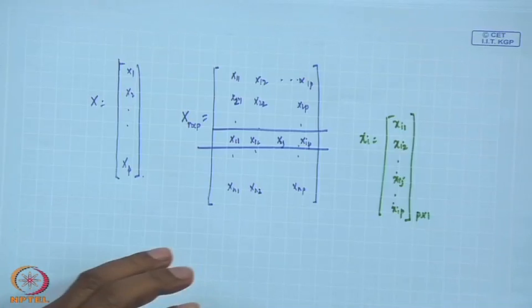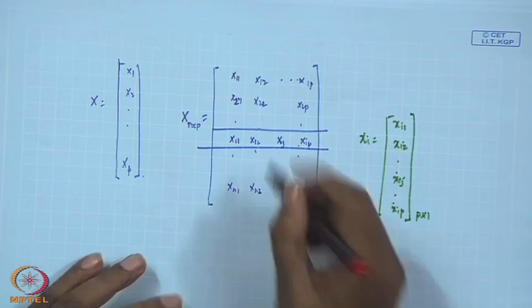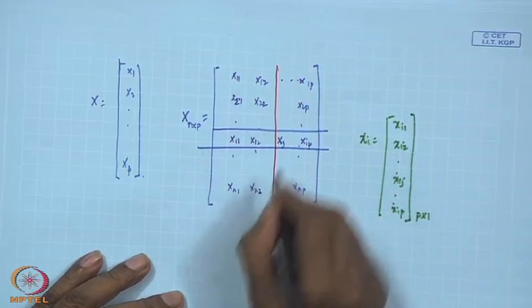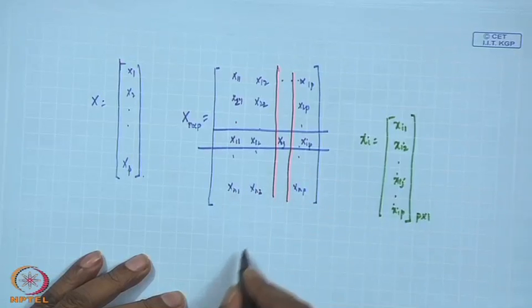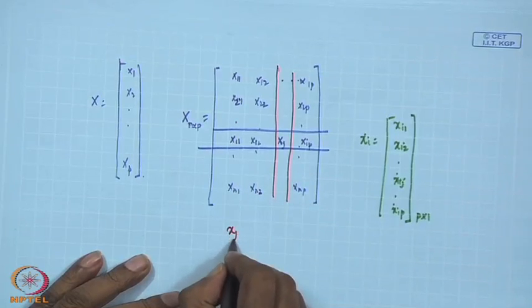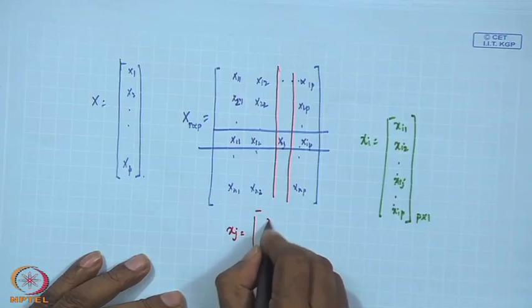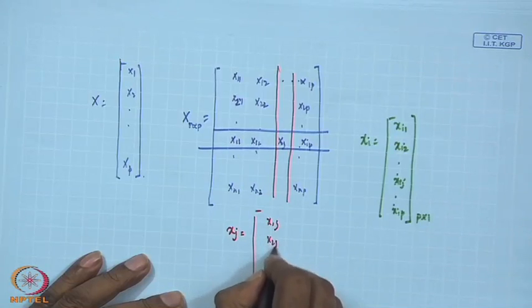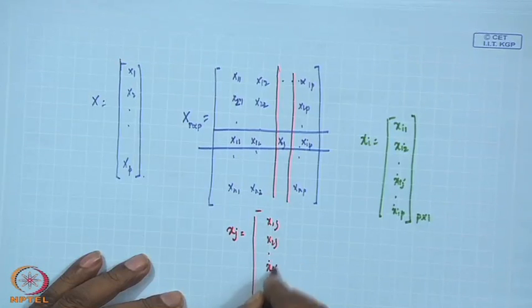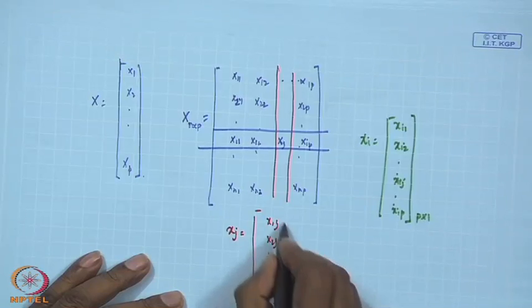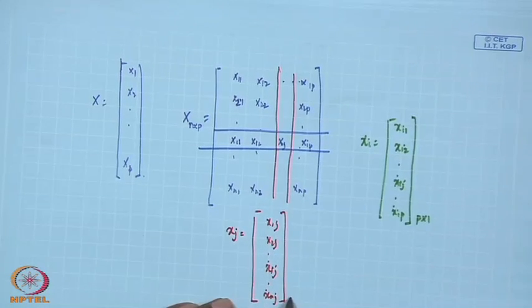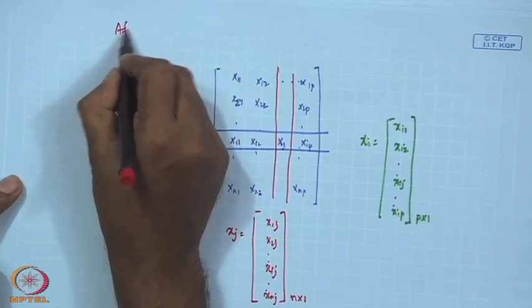Also you will be getting one general variable's observations. So we write xj, you will be getting x1j, x2j, like this, xij, then xnj. All remain same. It is after data collection.